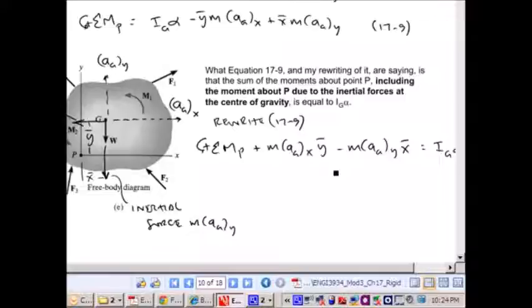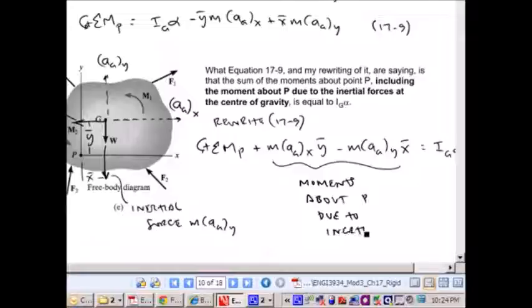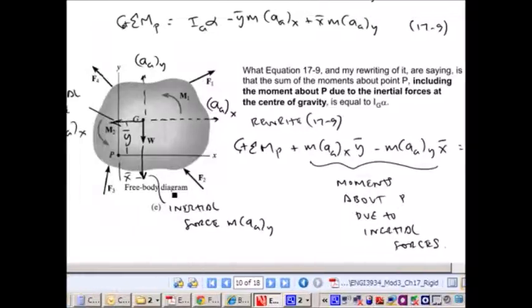So those two extra terms in my equation for the moments about P, the m a_gx y bar and the minus m a_gy x bar, are moments about P due to the inertial forces.